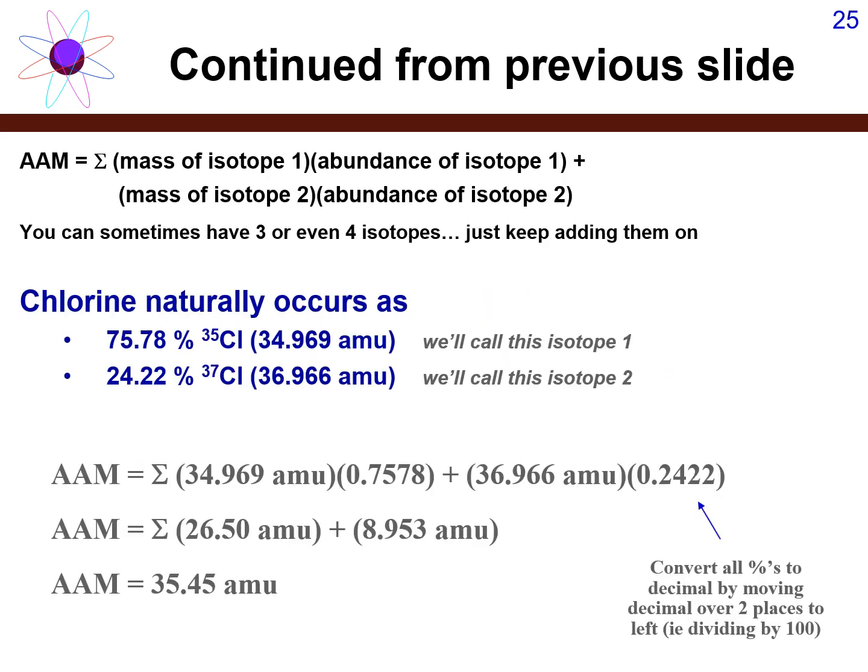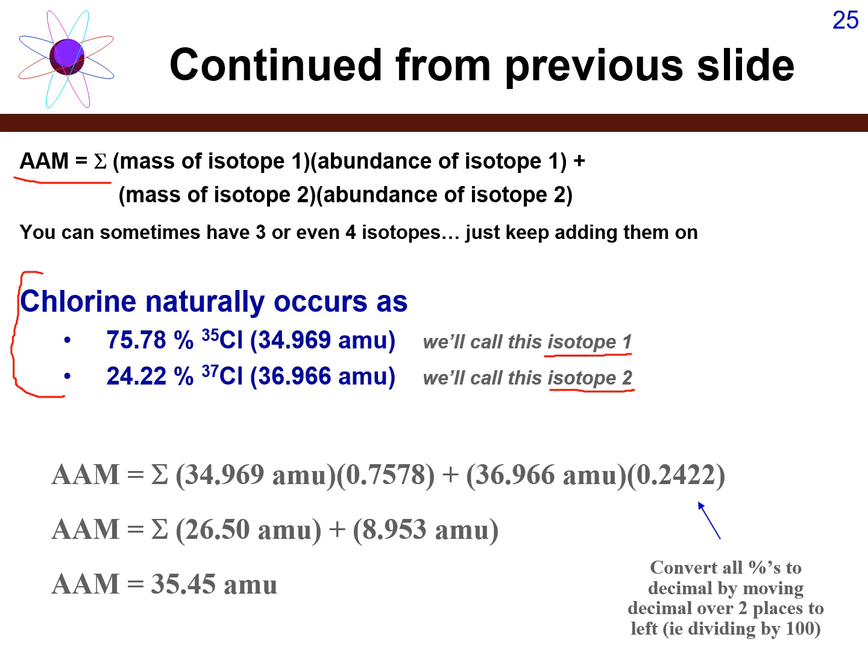So here's the calculation worked out from the previous slide. It's that same calculation, although I've extended it in a little more specific manner. What we're going to do is take our question, which is here, and I'm going to call this first chlorine 35 isotope number 1, and chlorine 37 isotope number 2.